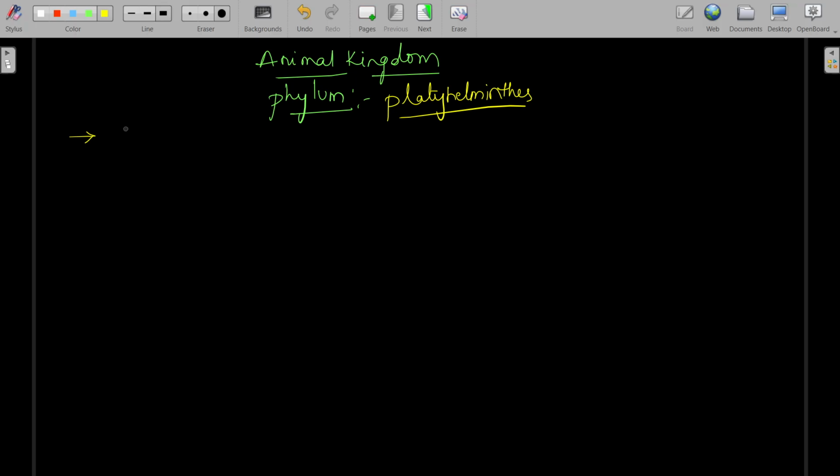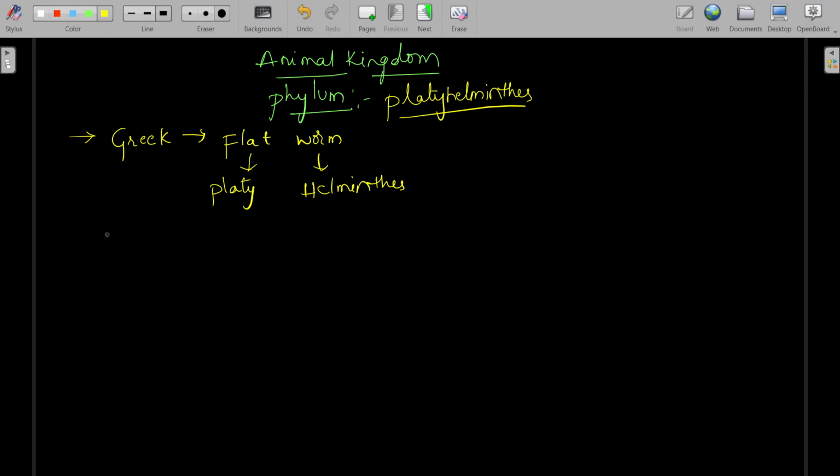In Greek, it means flatworm. Platy is flat and helminths is worm. So Platyhelminthes means these flat worms.